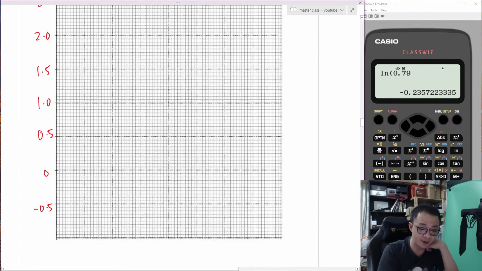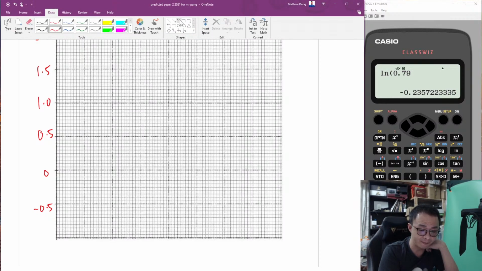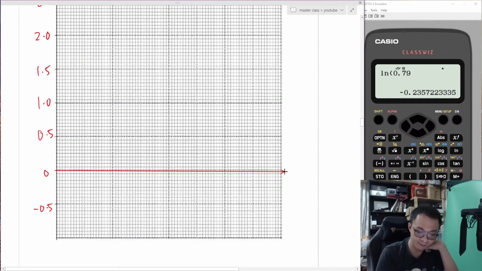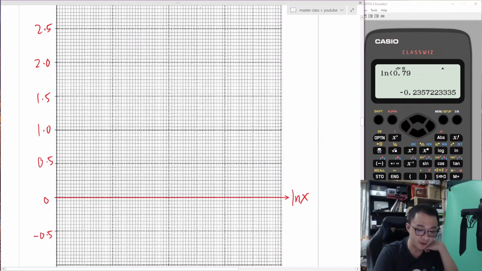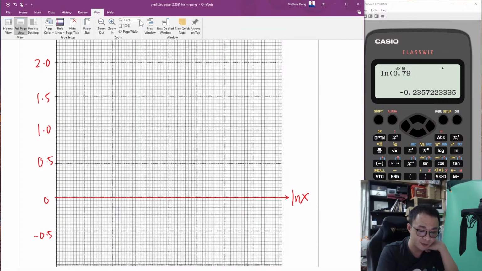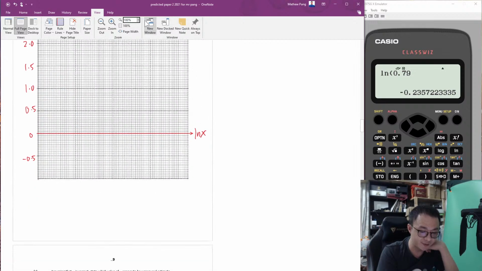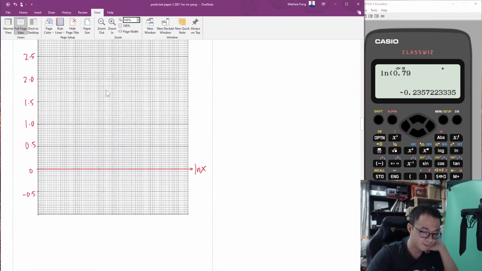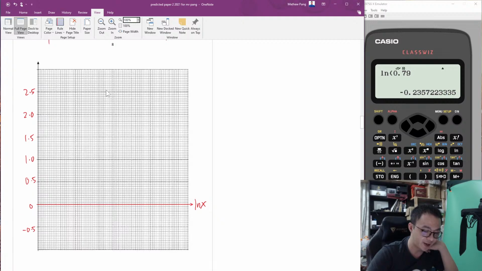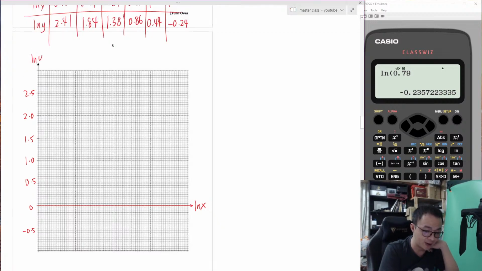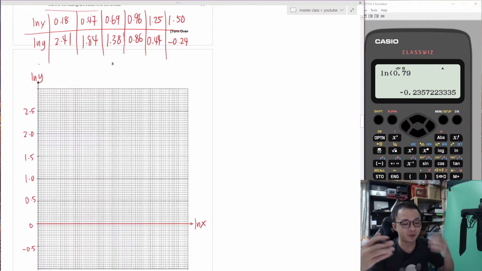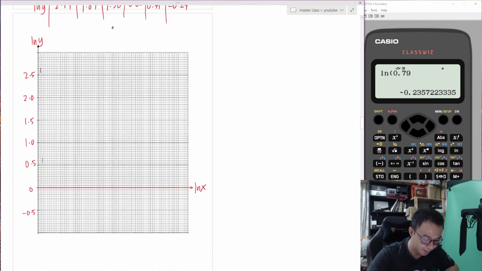Okay, so then I will need to draw a horizontal line as well. Alright, this one should be ln x, and then I will draw one for the ln y. Make it smaller a little bit, easier for me to draw. Oh, here already has an arrow. That's good. This is ln y. Alright, then the next thing is I want x to go up to 1.5.